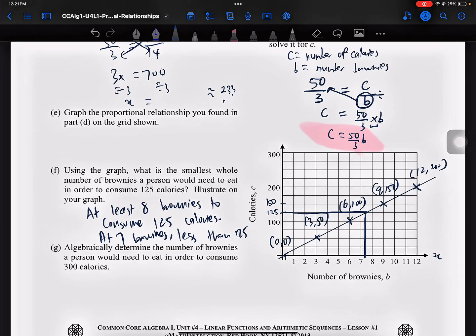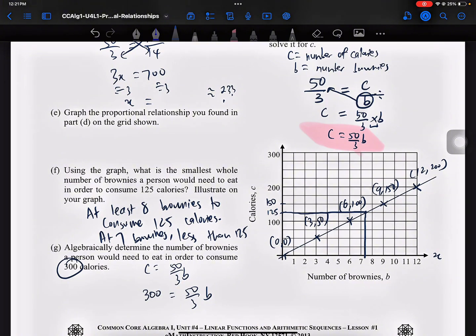Okay, for G, we need to solve algebraically. To find the unknown number of brownies B when calories are known, use the equation C equals 50 over 3 B. Then we substitute 300 calories here.